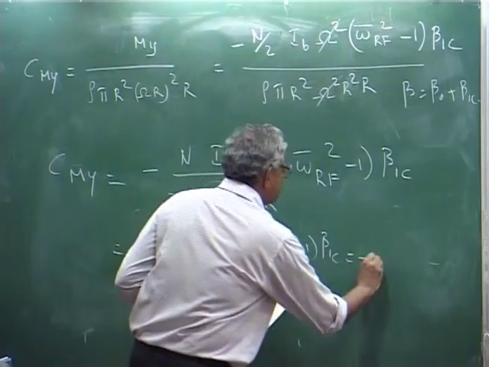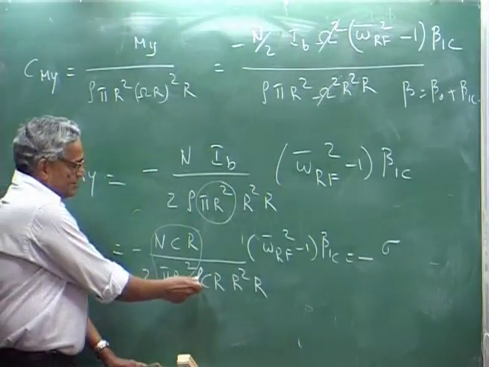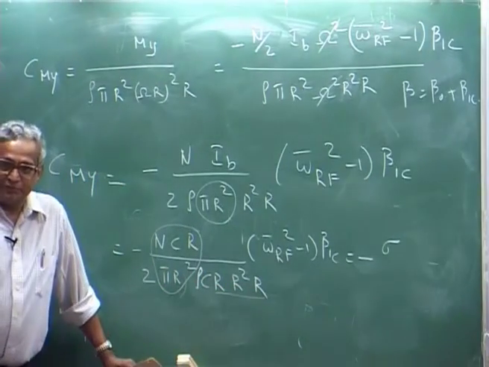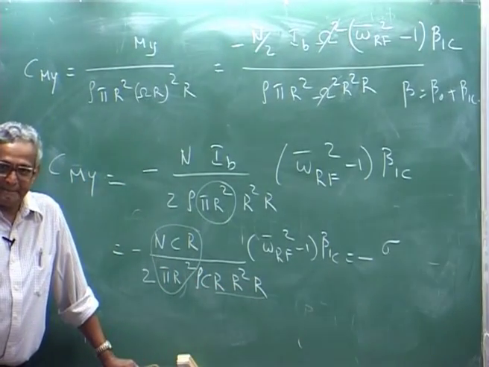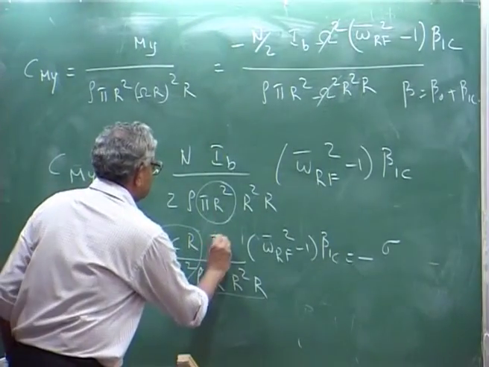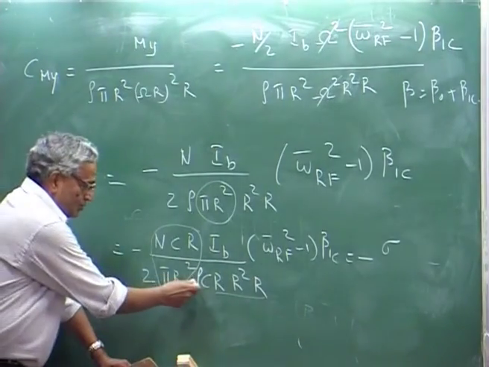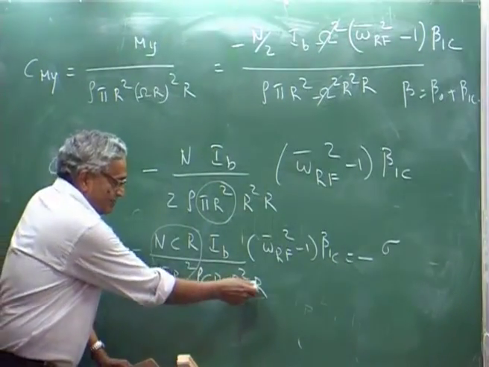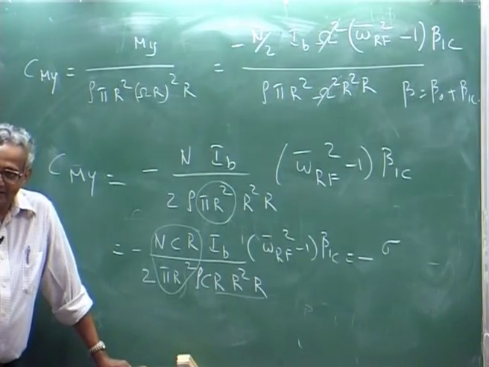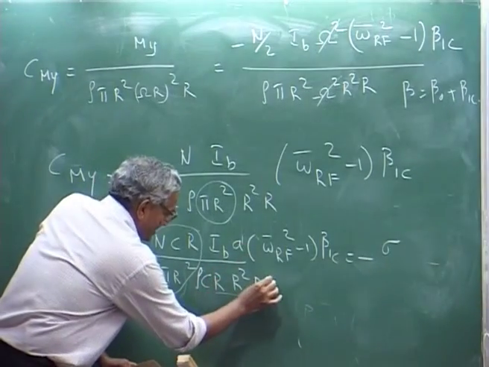You will have minus sigma rho c R to the power 4. You multiply by the lift curve slope a and divide by a.